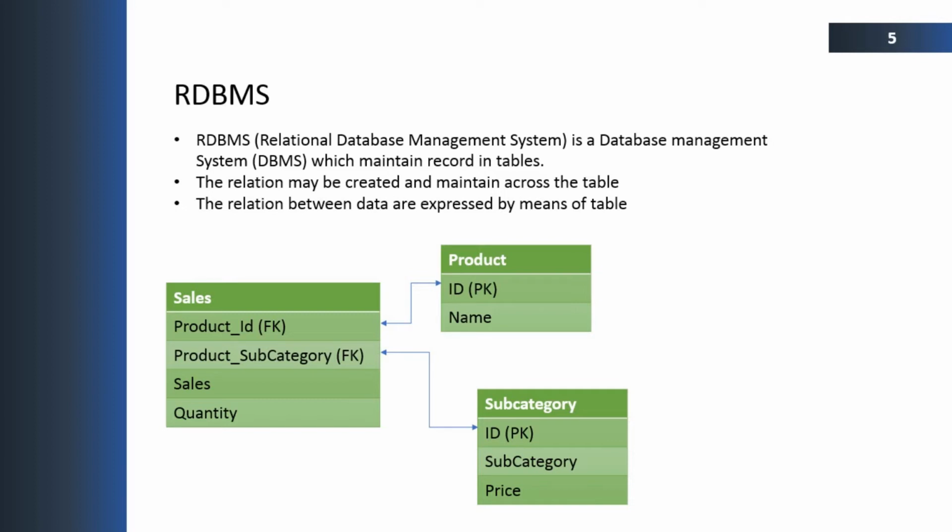Using primary and foreign keys, we are maintaining relationships between these 3 tables. Here, in the sales table, you can see the foreign key for product ID, which is looking into the product ID primary key. And also, the product subcategory foreign key in the sales table is looking into the subcategory table ID primary key.